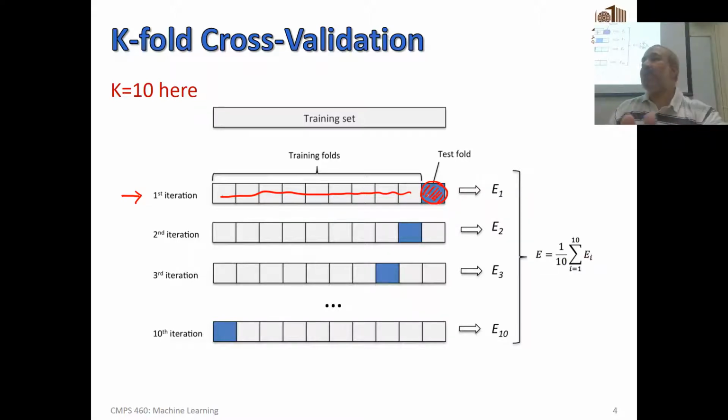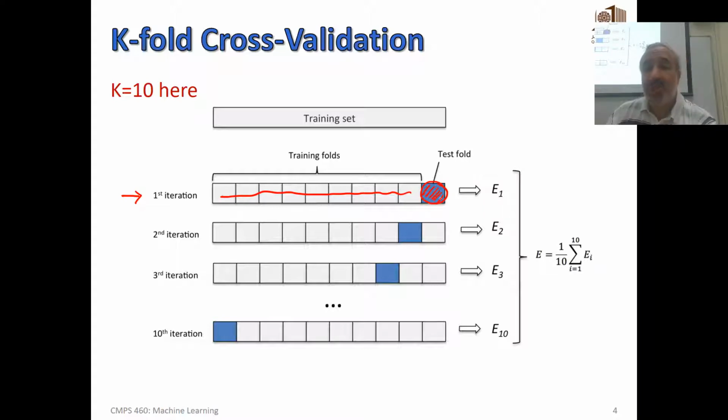For now, we'll assume that we don't have hyperparameters. We'll deal with the hyperparameters maybe in the next slide. But for now, let's assume that we don't have any hyperparameters, so we only need training and test sets. The train set will be the 9 folds, and this one will be the test fold.